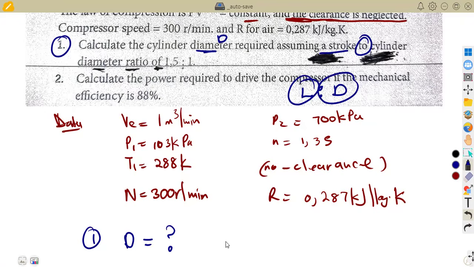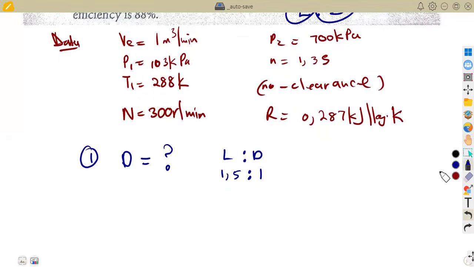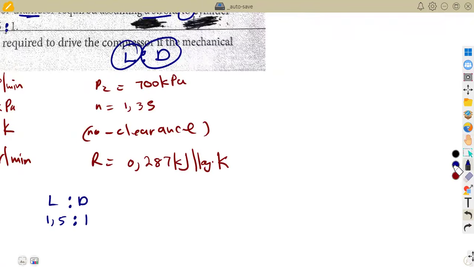So we're given a ratio, the stroke length as to the diameter. It's 1.5 as to 1. So remember a ratio. Let us just talk about this.